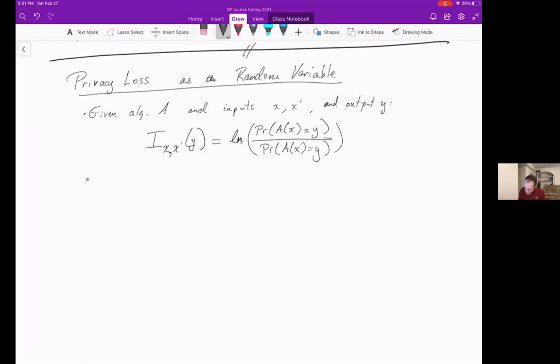So we can think of this quantity itself as a random variable if we're considering not a specific output, but a random output.